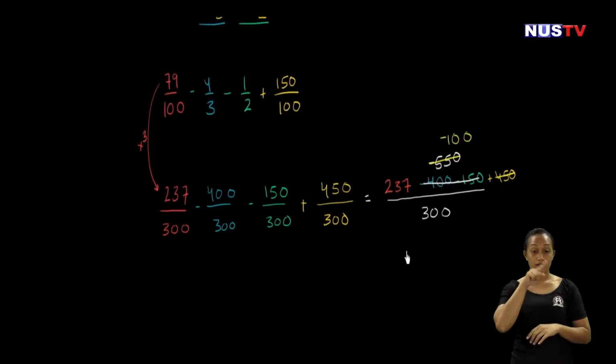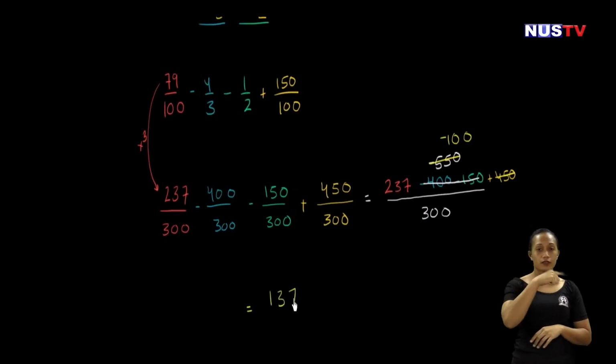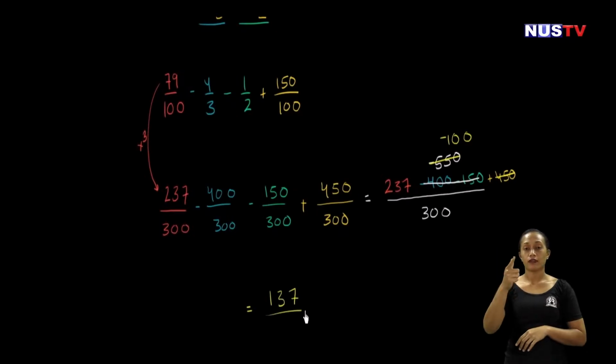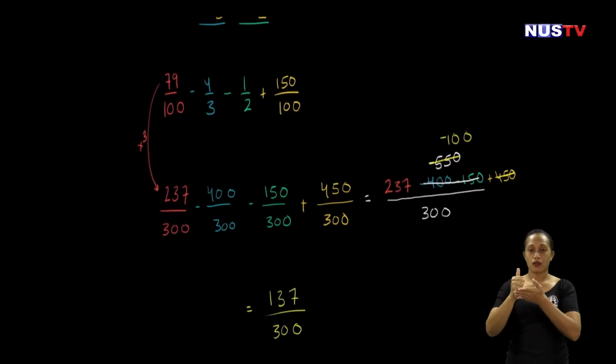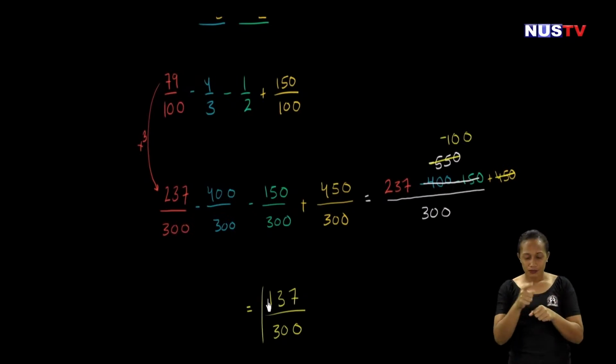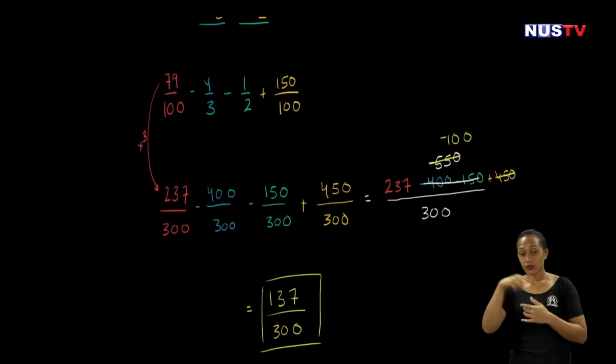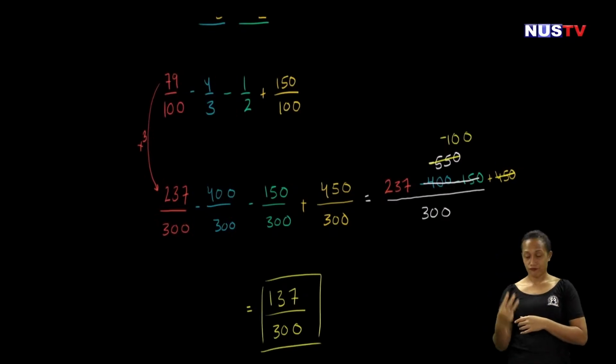And so this simplifies things a good bit. Now we have 237 minus 100, which is going to be 137. So it equals 137 in the numerator over 300. And this is about as simplified as I can think of making it. And so this is our final answer, 137 over 300.